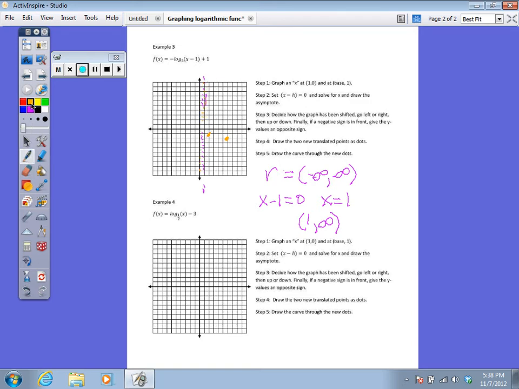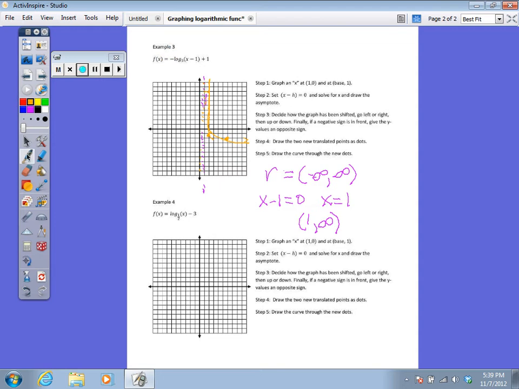And it's upside down because of the negative. And here we go. So I'm going to go down and connect with a smooth curve. Okay, remember it flipped over the x-axis because of the negative y.